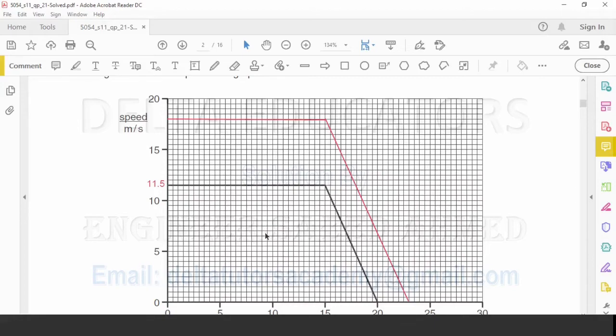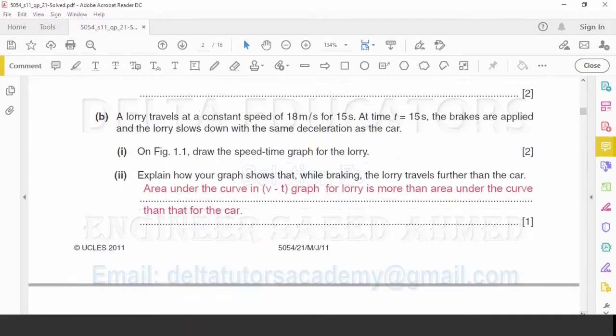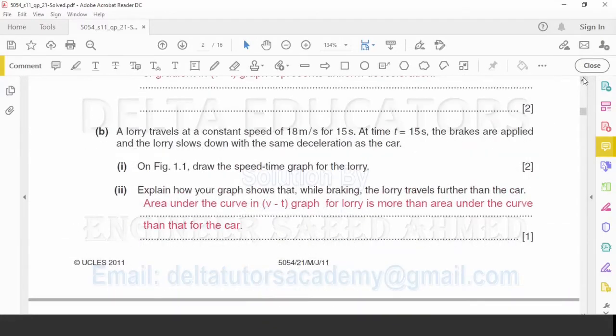What we have to write down here: area under the curve in the speed time graph for the lorry is more than the area under the curve of the car. So we can say the lorry travels further than the car.